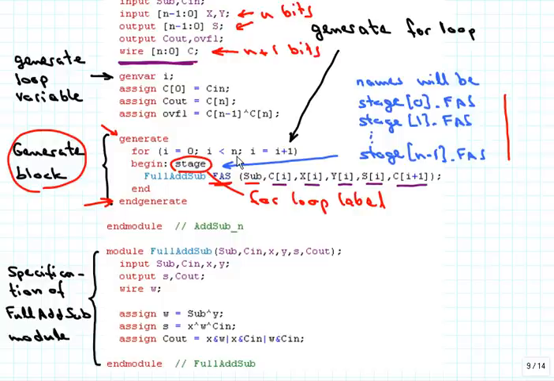And then, of course, we need to specify that full add sub sub module, and we can do that in the same file, or we could have produced a separate source file. Either way works. Here we chose to put it into the same source file, and we have here the behavioral description again of the 1-bit full adder/subtractor.